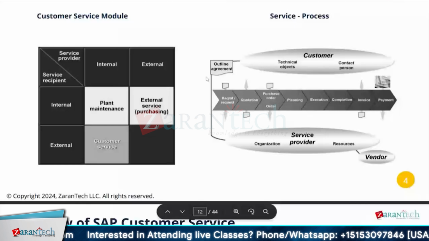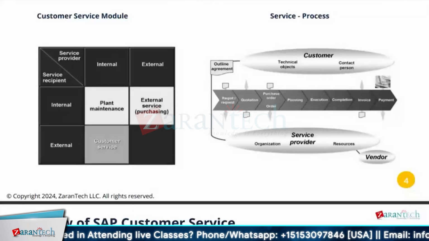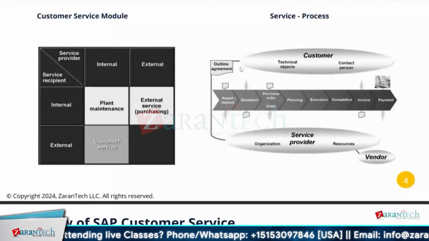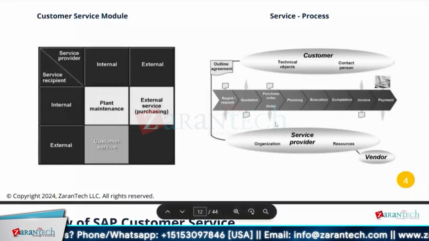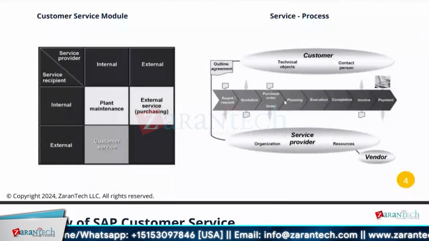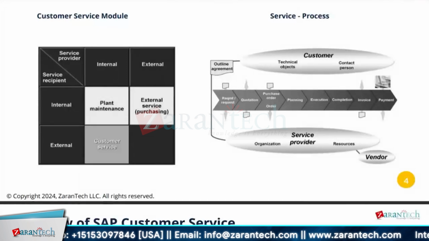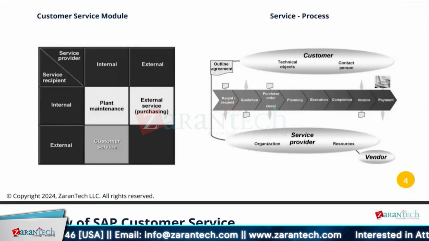In between, suppose a requirement comes from the customer side. The service provider sends out a quotation to the customer, and then the customer sends a purchase order, and from there the activity starts. Say we ordered a laptop which is not available, so it has to be manufactured.